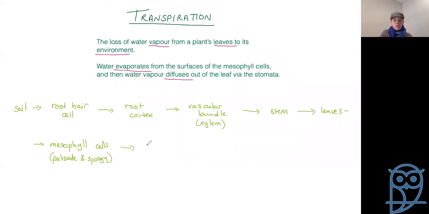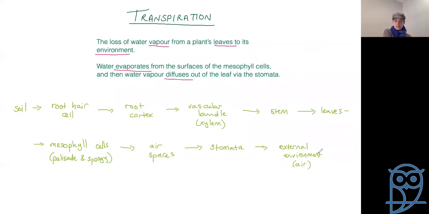From the walls of these cells, we can evaporate. Water evaporates from the surfaces of the mesophyll cells. Okay, we evaporate into the air spaces in the leaf. Then we can diffuse out through the stomata back into the external environment. But in this case, of course, it would now be in the air rather than in the soil.